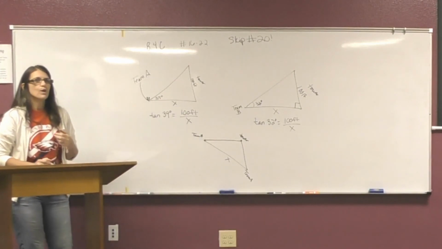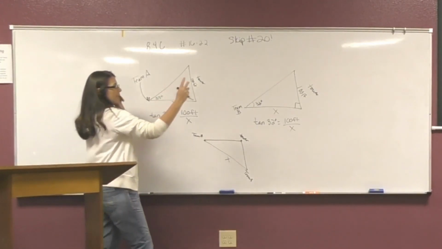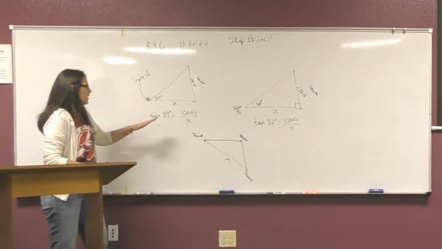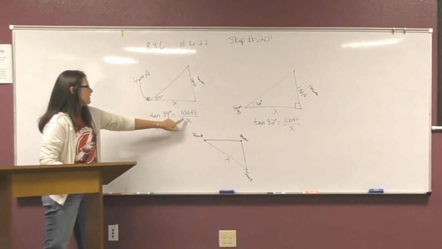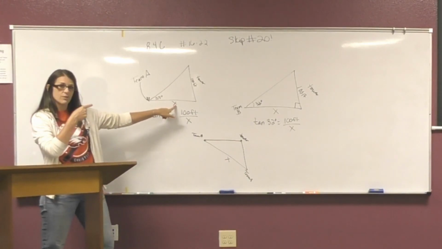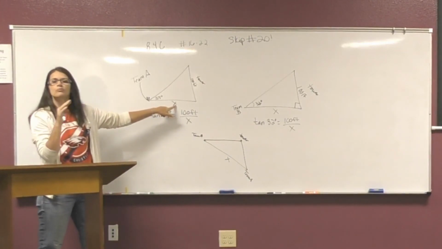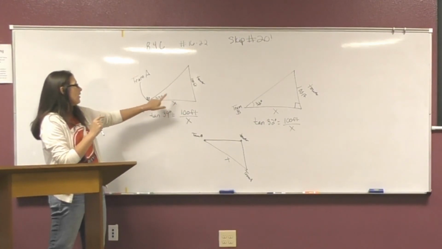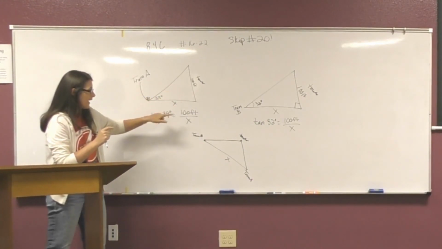Okay? So once you find these answers, they get plugged in here. Okay? So this number, this answer that you find, not rounded, don't round, okay? This number is how far team A is from the tower, okay?